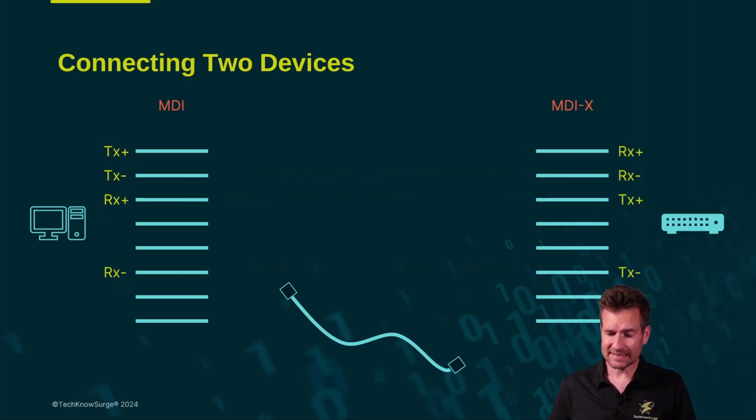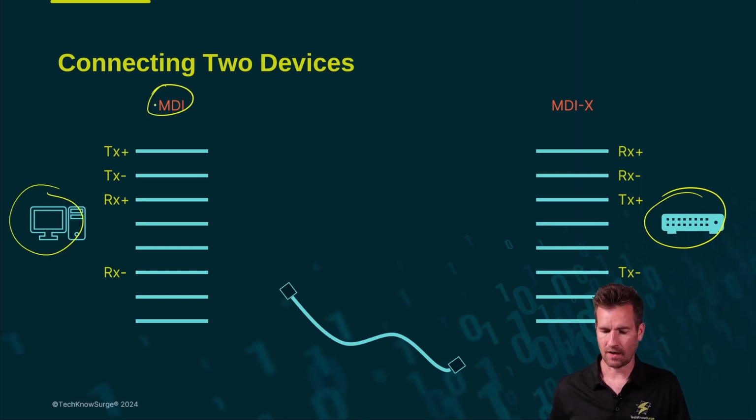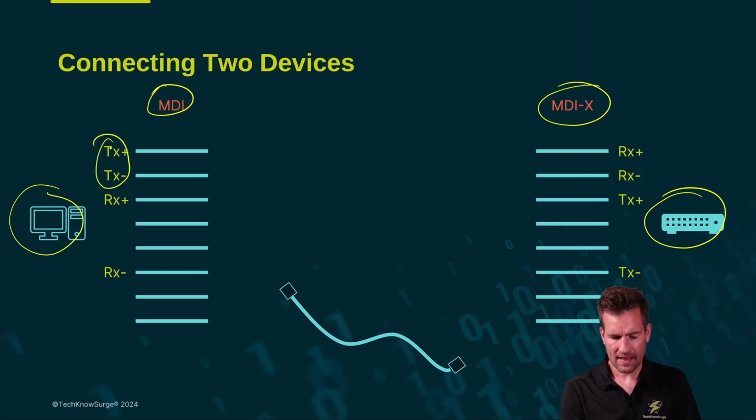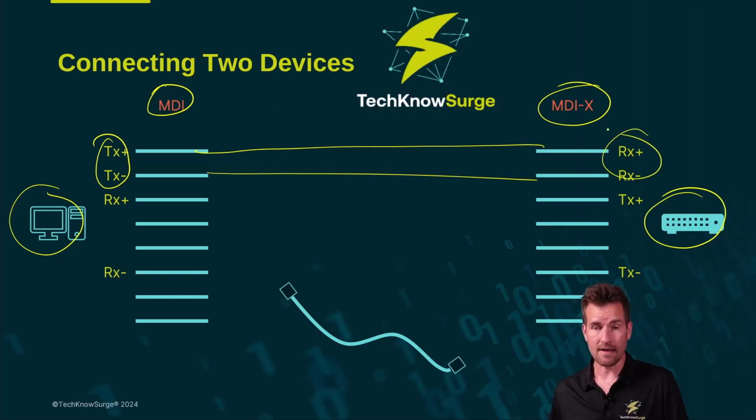A switch is set up differently. A switch is set up to communicate to computers. What computers have we call an MDI type connection, versus a switch, which is set up with an MDIX. We've got the mouthpiece of the computer that's talking to the ear of the receive end of the switch.